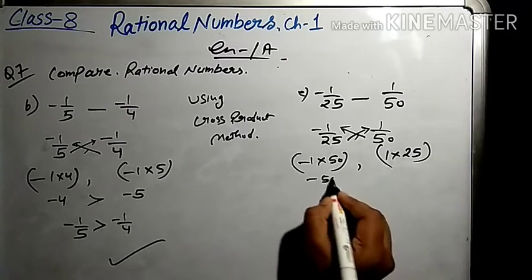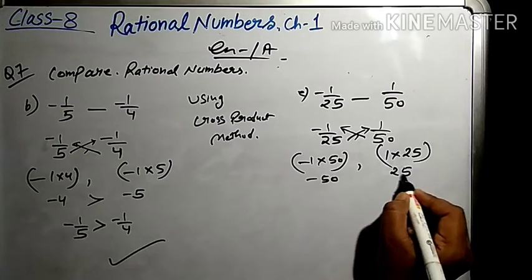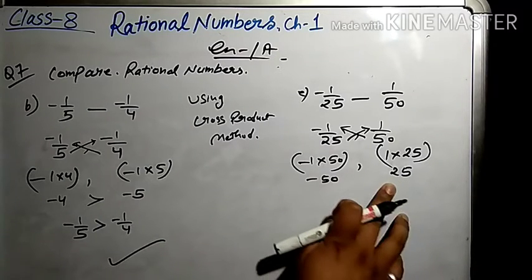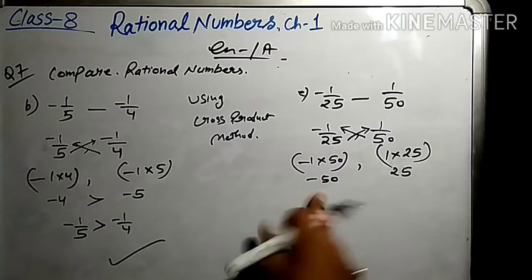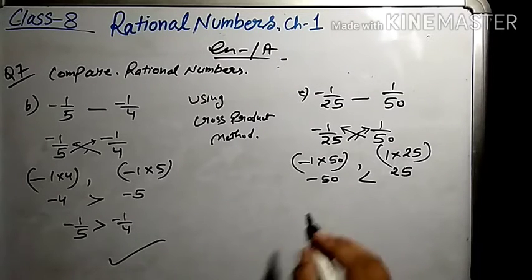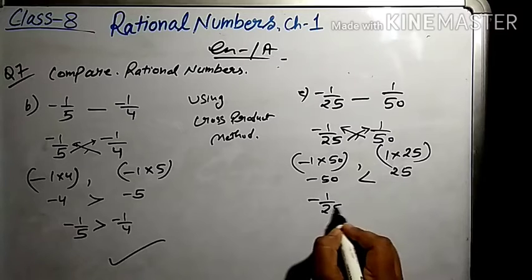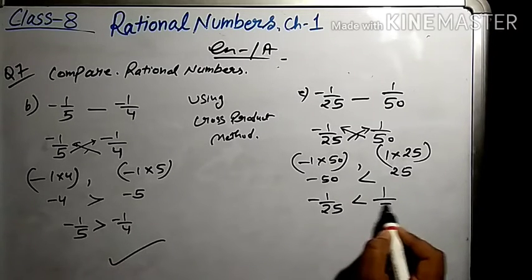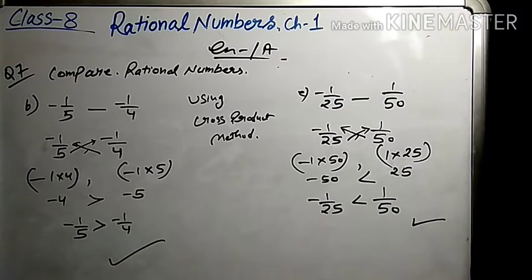So it becomes minus 50 and here it is 25. So automatically we know one is a positive number and one is a negative number. A positive number is always greater than a negative number. Hence, minus 1 upon 25 is smaller than 1 upon 50. This way we can compare two given rational numbers.